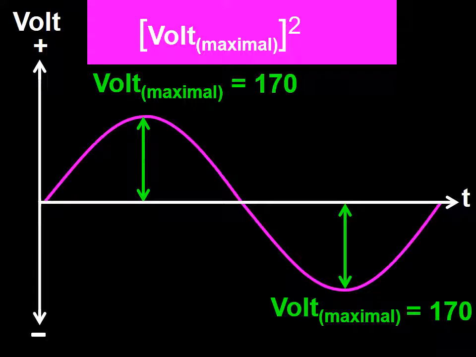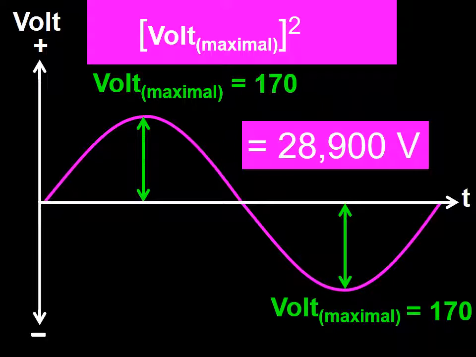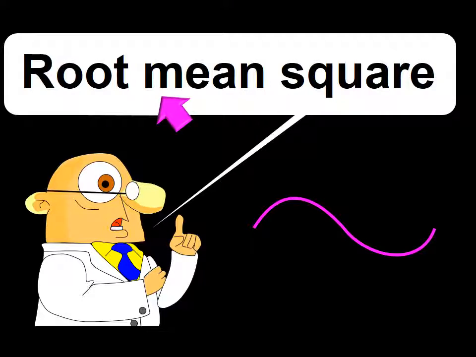So, if we take Vmax and square it, in this case, we are giving Vmax the value of 170, we end up with 28,900 volts. Next, we will find the mean of this number.